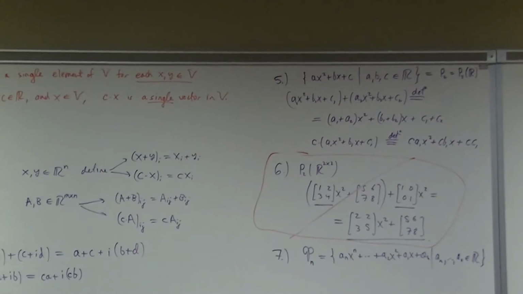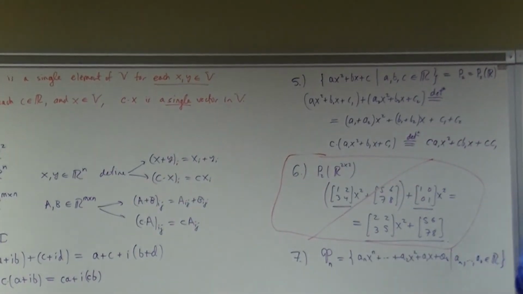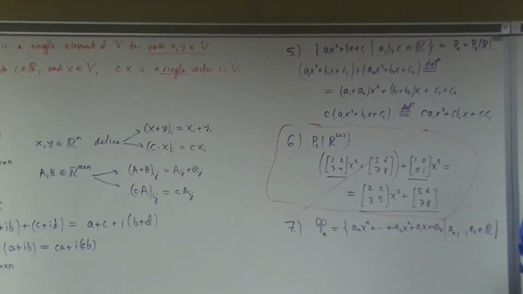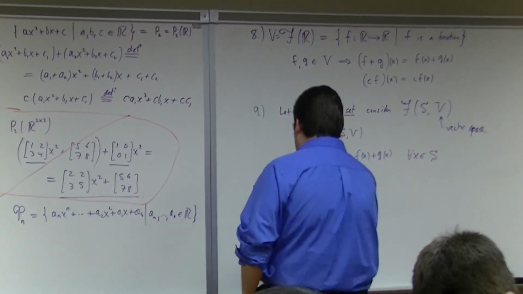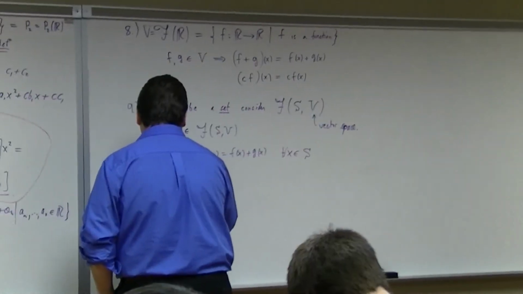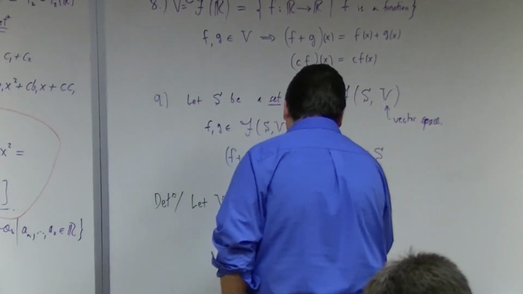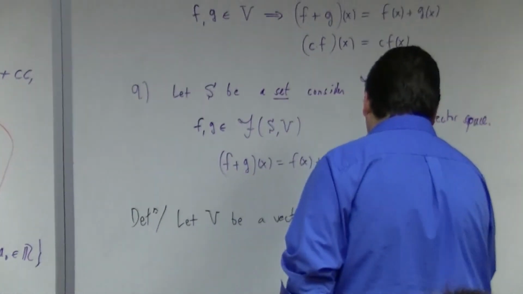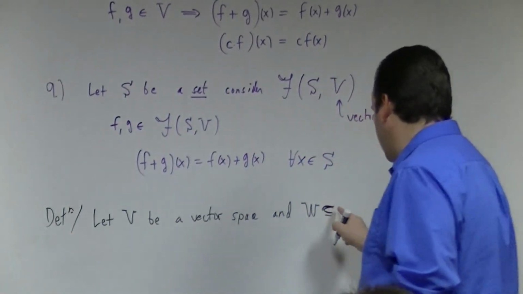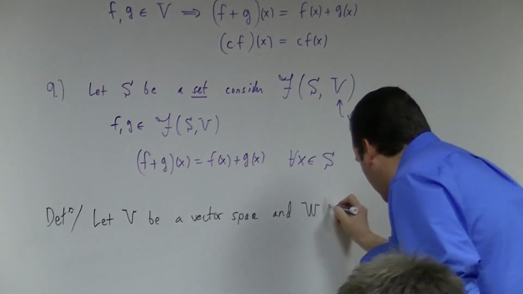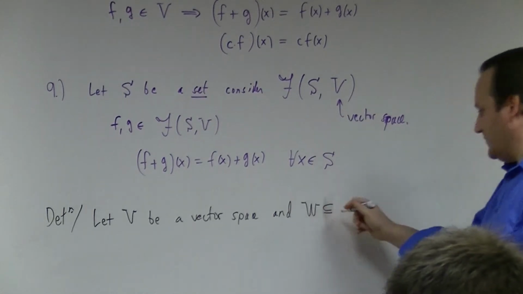This brings me to my definition of a subspace. What's a subspace? Let V be a vector space, and W a subset. Notice that I'm writing subset, so it's curved, not jagged. That's like a C with a line under it.